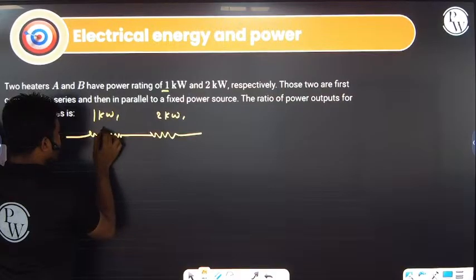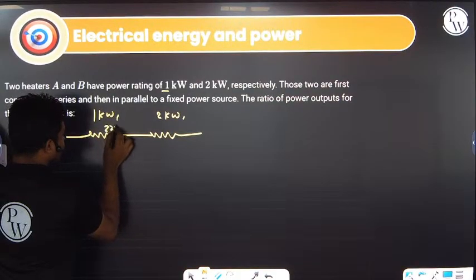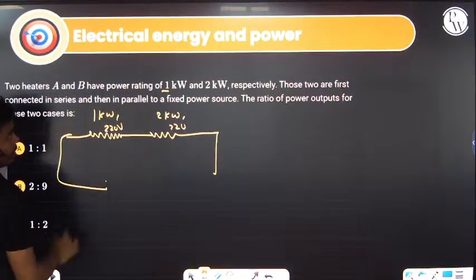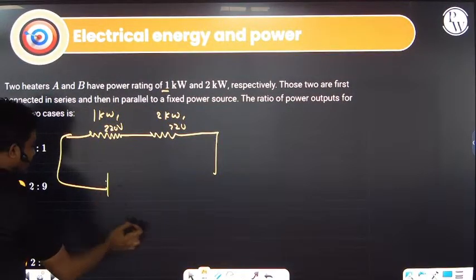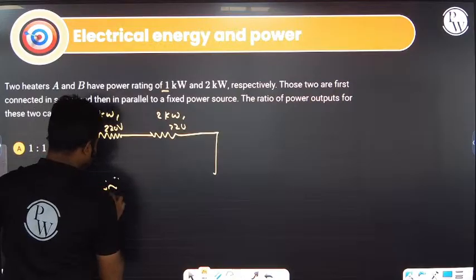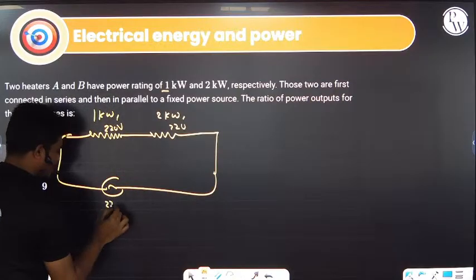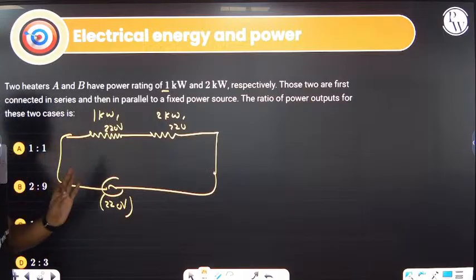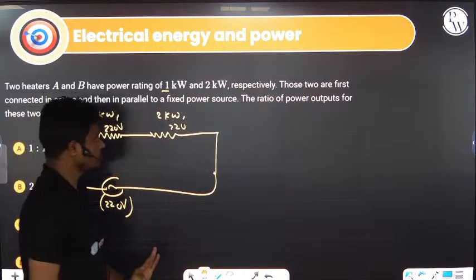The voltage rating is the same, let's say 220 volt, and this is also 220 volt, which is the domestic electric supply, right? And let's say it is connected to a 220 volt power supply only. Those are first connected in series and then in parallel to a fixed power source, right?